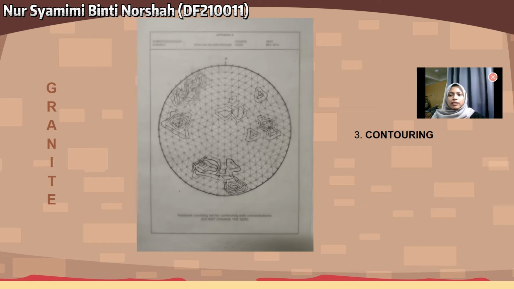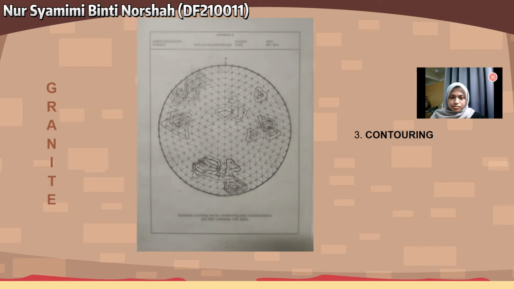Next is the contour that we get after we have done our count in the Kalsbeek counting net. After we are done with the contour, we need to determine the joint set for each contour.